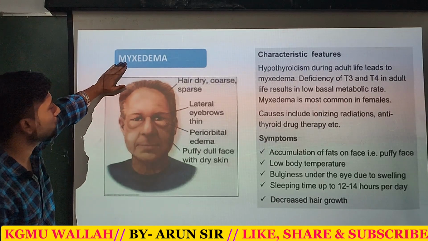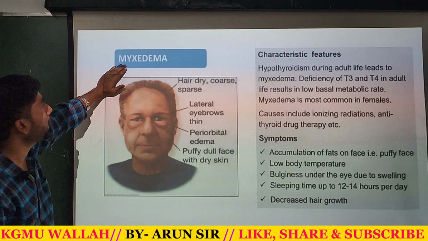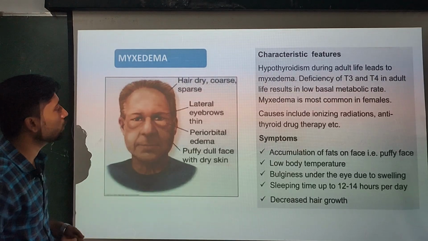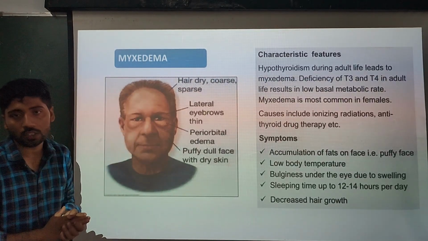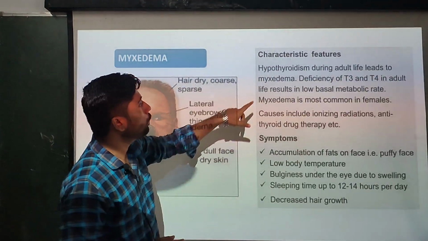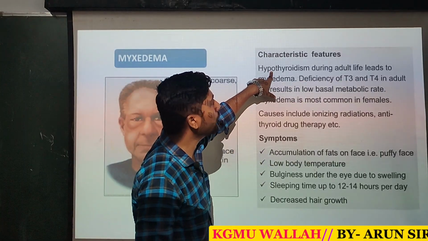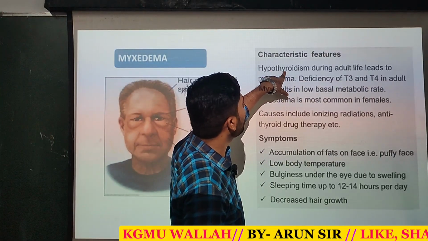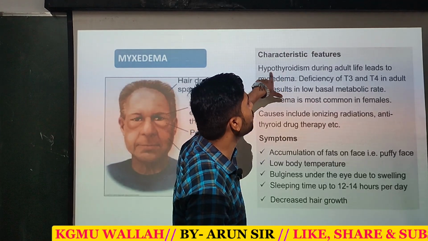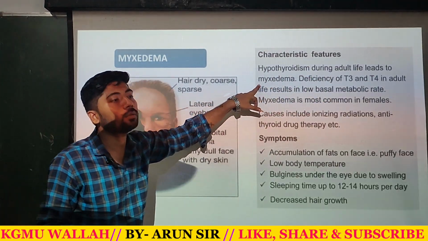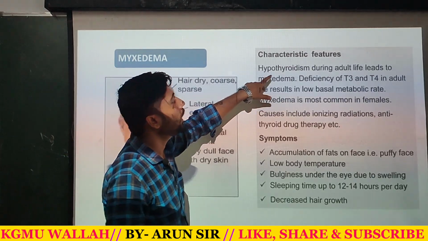Next disease, that is myxedema. If we talk about myxedema, first we will discuss the characteristic features of myxedema. If your thyroid secretes low, clear, the hormone is secreted low, that is hypothyroidism during adult life, it leads to myxedema, means it is seen in adults.